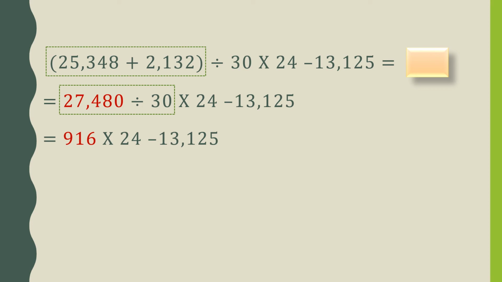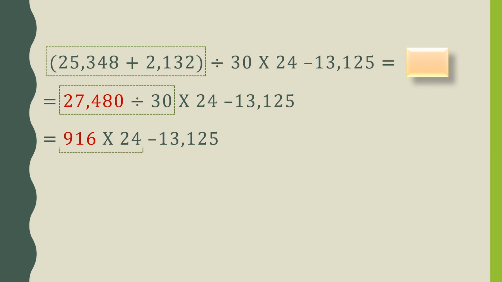Then we will copy times 24 minus 13,125. Now we've got only two mathematical operations. We've got multiplication and subtraction. In the order of operation, multiplication comes first before subtraction.